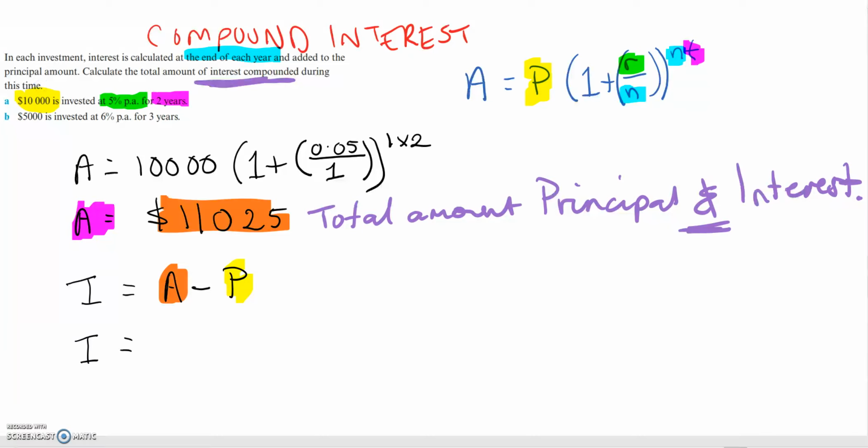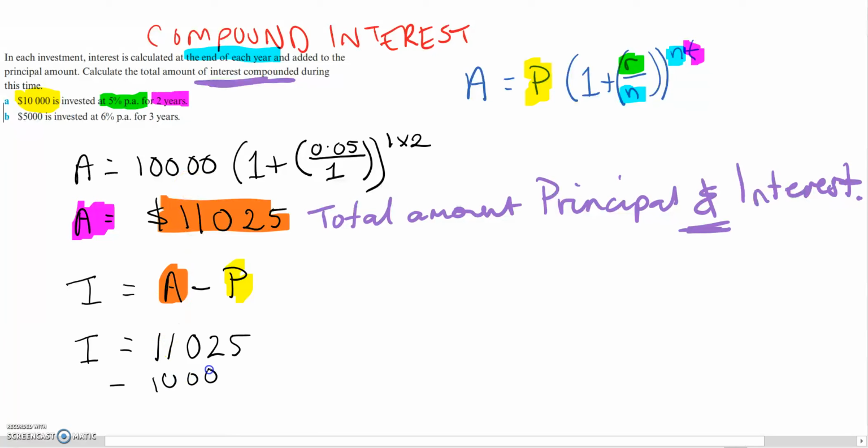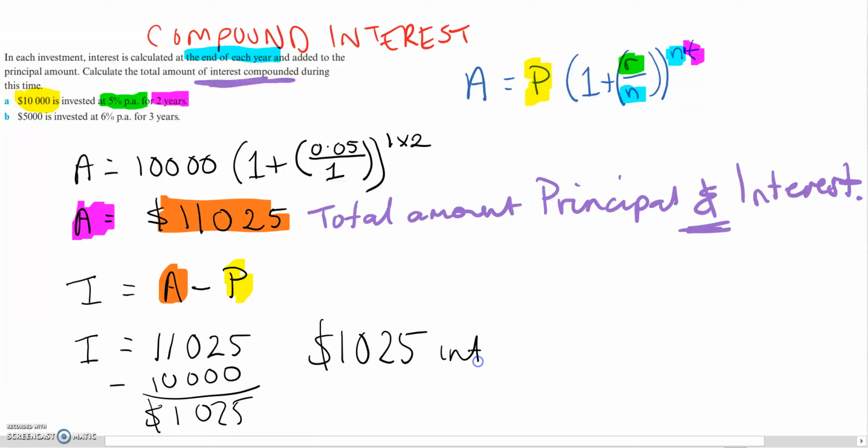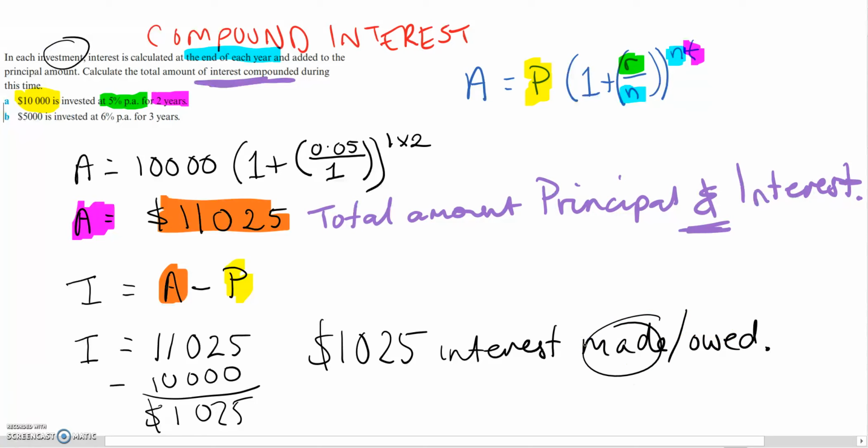So we need to look at A, 11,025, minus our original amount, our 10,000, and of course that will give $1,025 as the amount of interest made, or owed, depending on whether it was an investment. So we made some money in that.